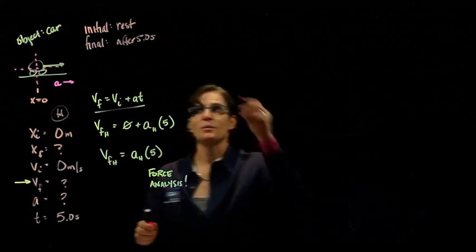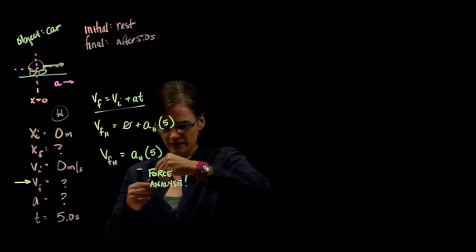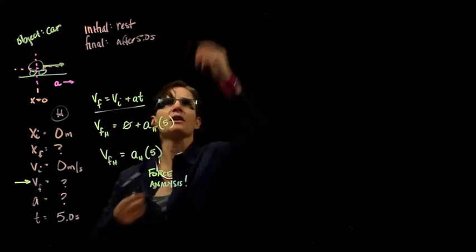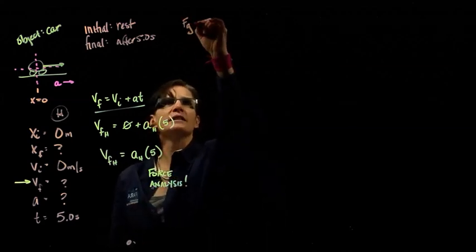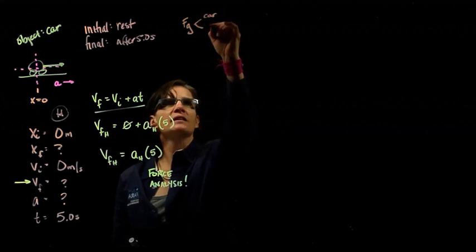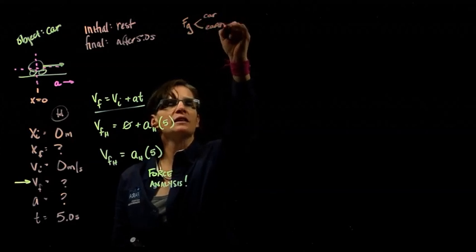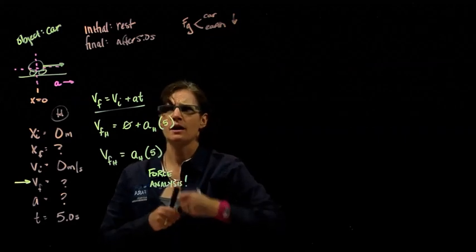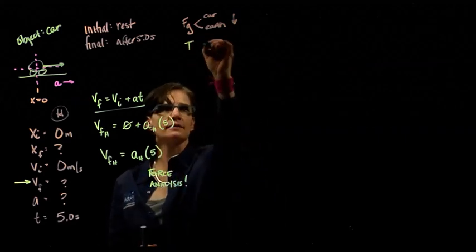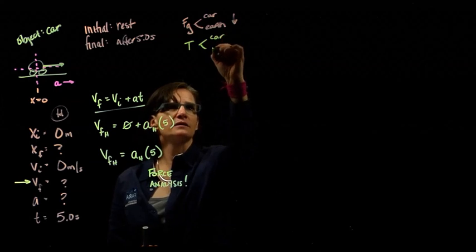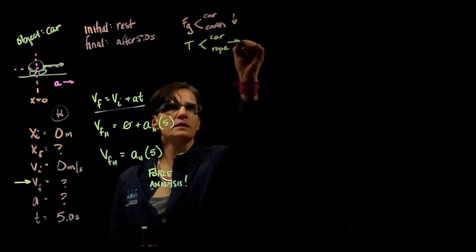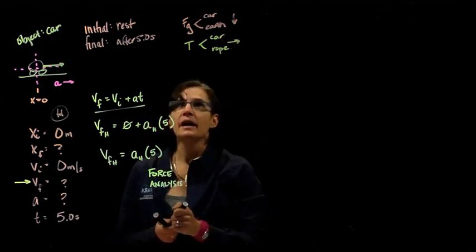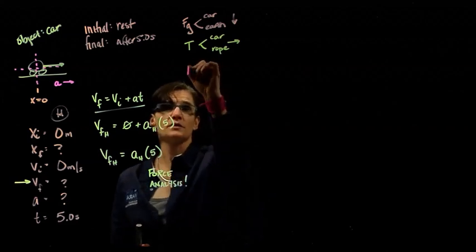All right, so what are my interactions? Well, one thing that's interacting with the car is the force of gravity. That's between the car and the earth. It points down. Another thing that interacts with the car is the tension. That's between the car and the rope. It's pointing to the right. And of course, I also have the normal force.